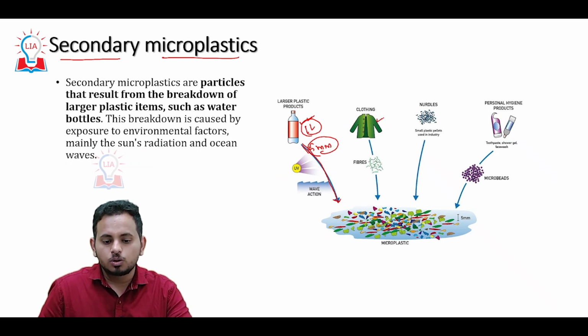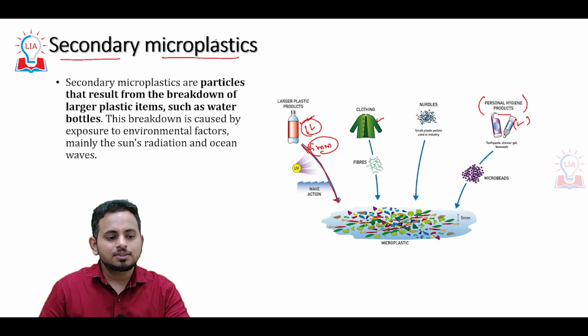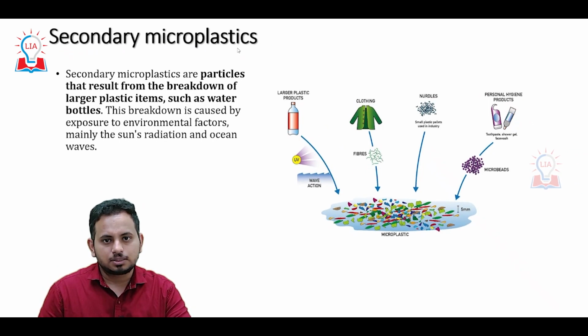You can see here the clothing, original hygiene products, any plastic product that we use. If it breaks down into small pieces, and those small pieces are less than 5 millimeter, then they are called secondary microplastics.